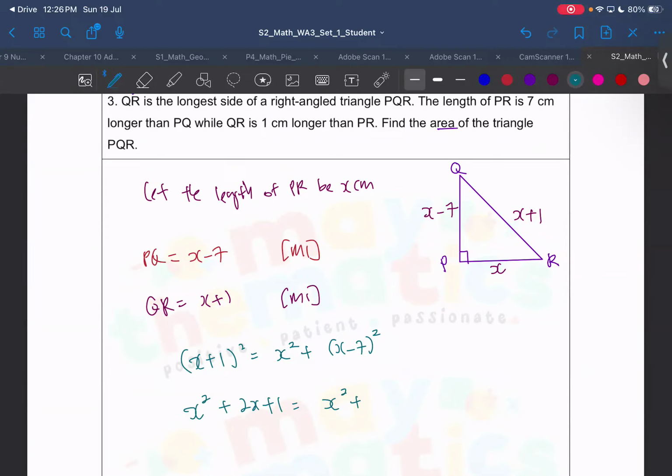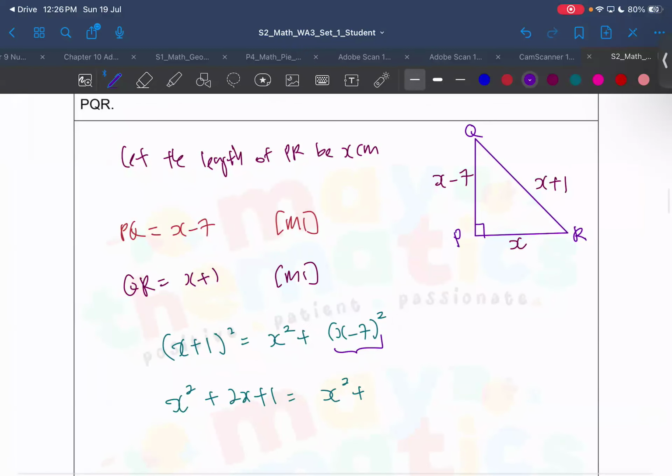Come, show how to expand this, X minus 7 squared. How to expand? X minus 49? It's always 2ab. Correct? So how?